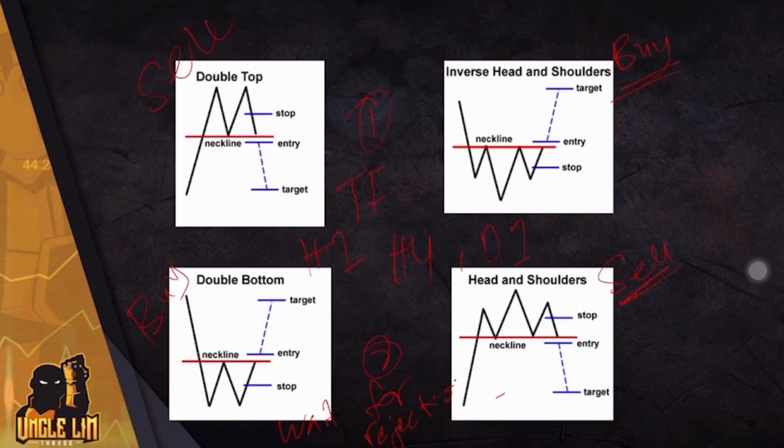Okay, so that's all for our reversal pattern setup. And like Uncle said, our first rule is time frame. It is only valid for H1 and above, that is H1, then H4, then daily and so on.